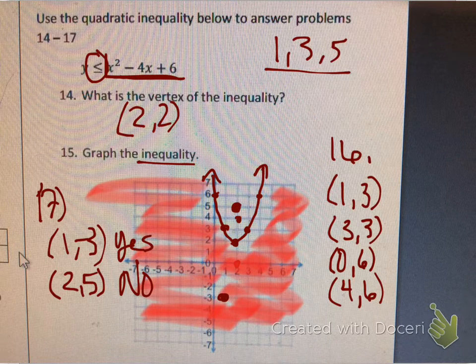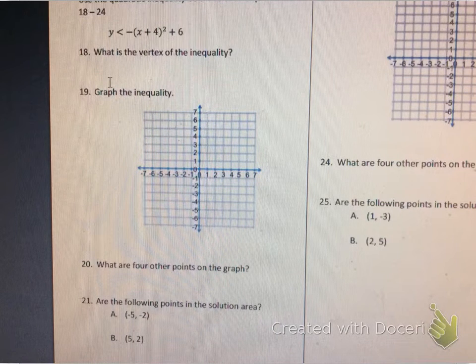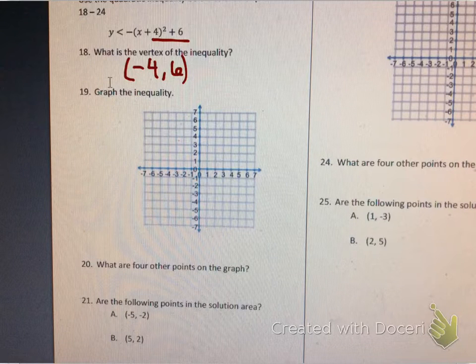So let's look at the next set of questions. What's the vertex of this inequality? Now this one you may not necessarily need the calculator, because you remember, you look at these numbers, this is in vertex form. So I can go negative 4, comma 6. So negative 4, comma 6 is right here.